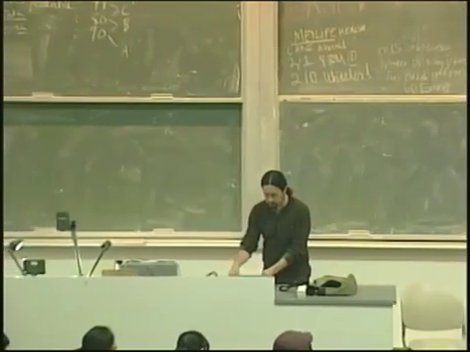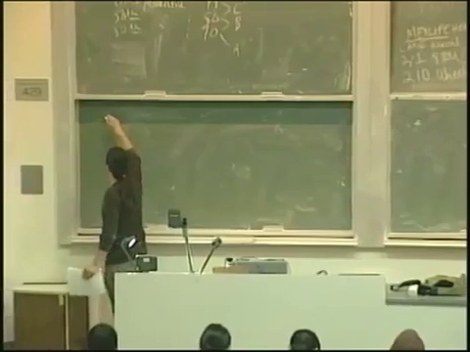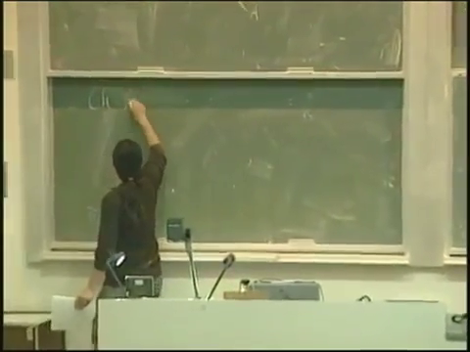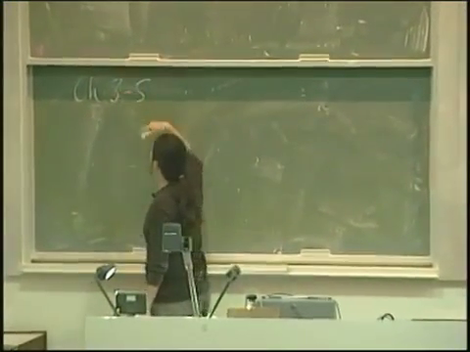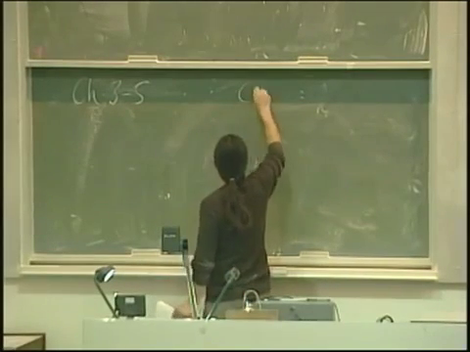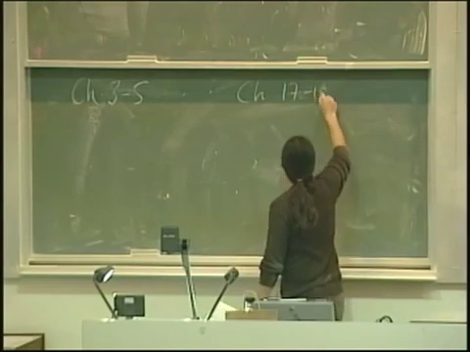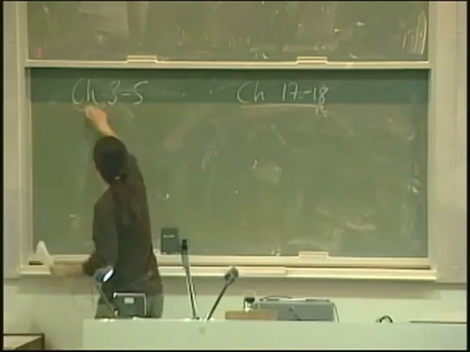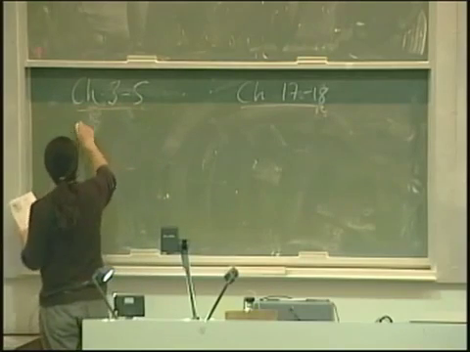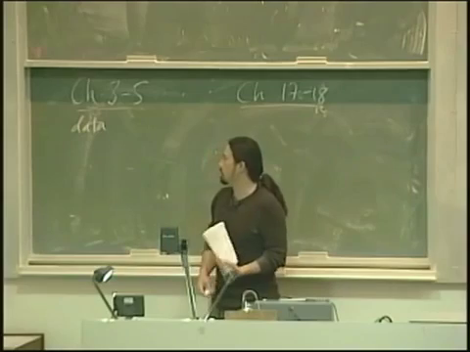All right, so the first thing I want to do is emphasize the similarity between what we're doing now and what we did in the very beginning of the class, chapters 3, 4, and 5, and what's going on now in chapters 17 and 18. I wrote this on the board last time. Chapters 3, 4, and 5 basically deal with data.